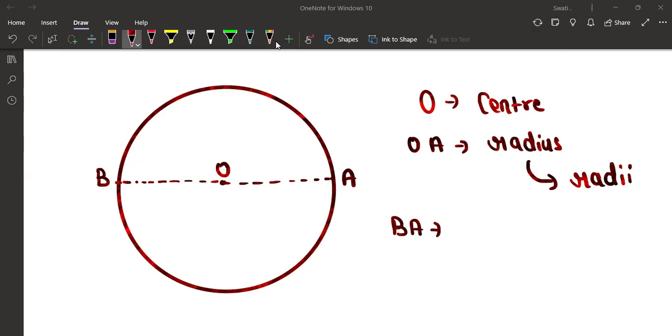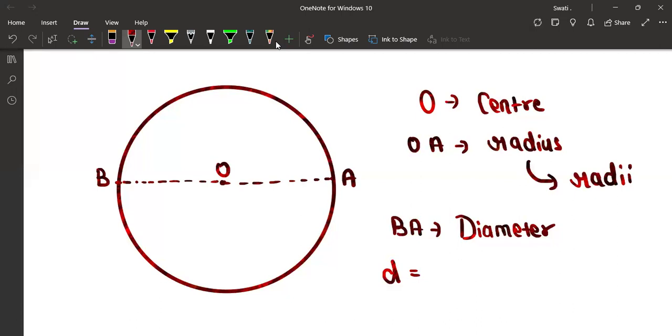It's like the double of the radius. Diameter. Very good. Now, can you write down quickly in the chat box what is the formula to calculate the diameter? Diameter equals what? Or I can also say, what is the relation between the diameter and radius? You can write down in the chat box.